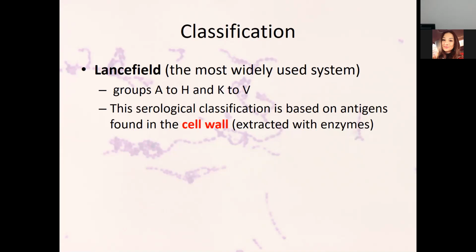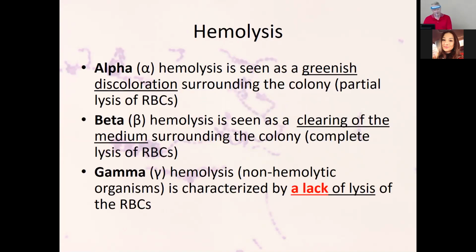And thus they can be classified into that group. They can be grouped into A, grouped into B, grouped into D. But when you hear Lancefield, we're going to see why that can be confusing once you get to the hospital, because you'll hear a group, but you'll be doing something else. And that's this.